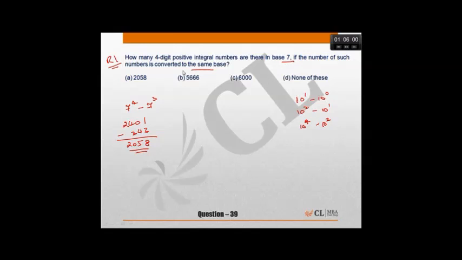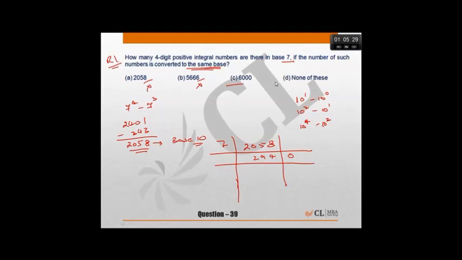The question says the number is converted to the same base. 2058 is in base 10. We need to convert it to base 7. Let me just start checking. 7 4s are 28, remainder 0. Next, 7 4s are 28, 7 2s are 14, remainder 0. 7 6s are 42, remainder 0. So these two cannot be the answer.